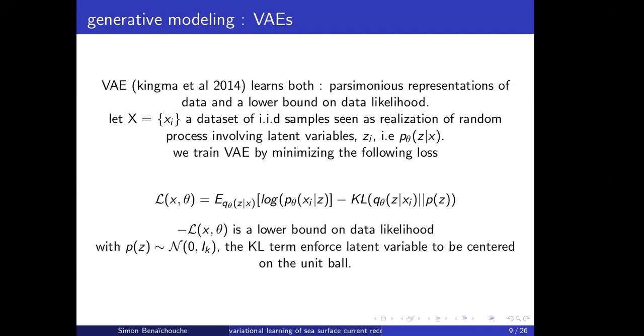And the fact is, when training a variational autoencoder on a class of images, for example, you will get this result: the latent encoded variable will follow a Gaussian, for example, centered on the unit ball. So you know the geometry of your latent space.